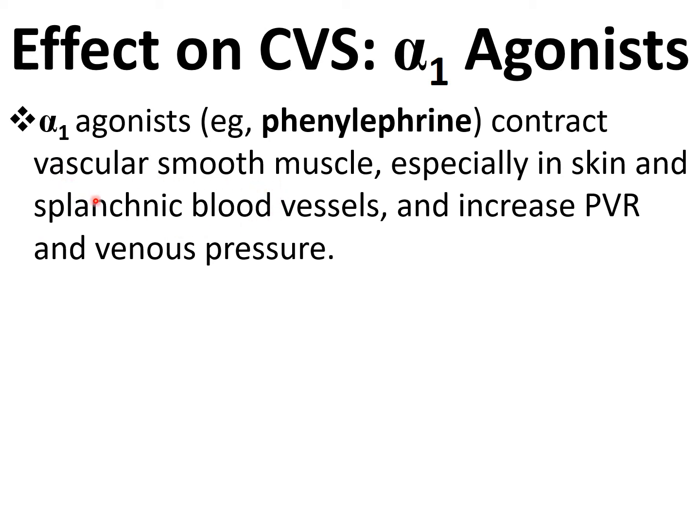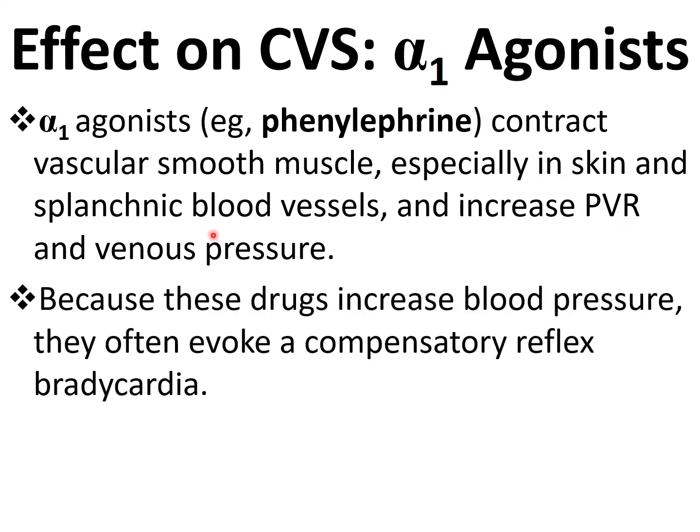Because these blood vessels are rich in alpha-1 receptors, whereas the blood vessels supplying skeletal muscle are rich in beta-2. Therefore, in this area the peripheral vascular resistance and venous pressure increase. These drugs increase blood pressure. They often evoke a compensatory reflex bradycardia.